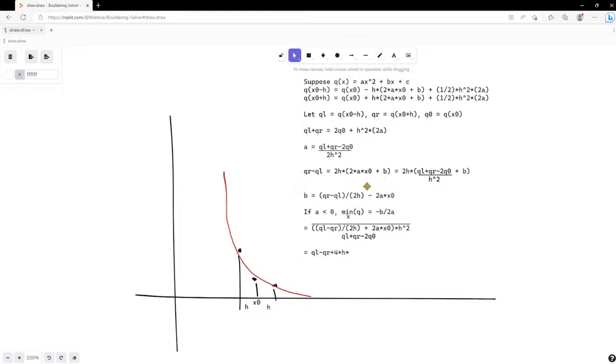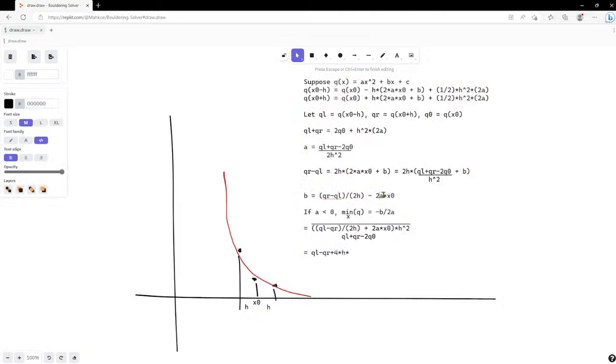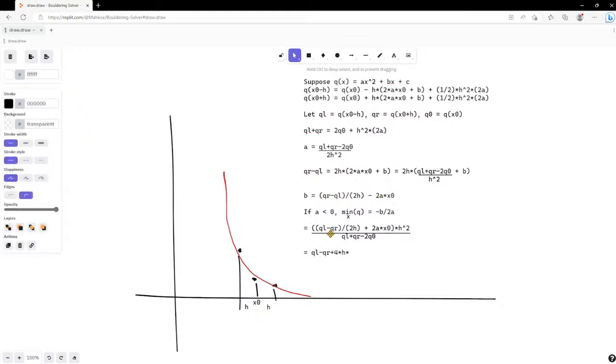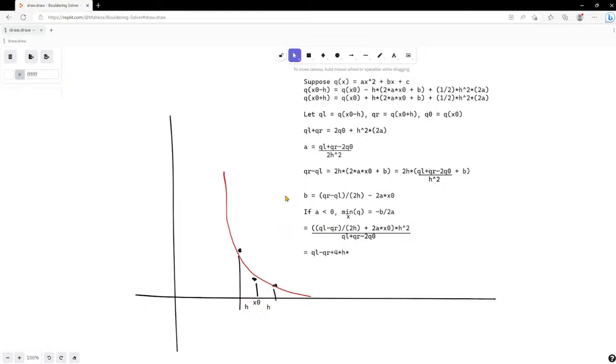And hold on, before I go any further here, this is still correct to say it's 2a. It just so happens. So if b is equal to that, minus b over 2a.